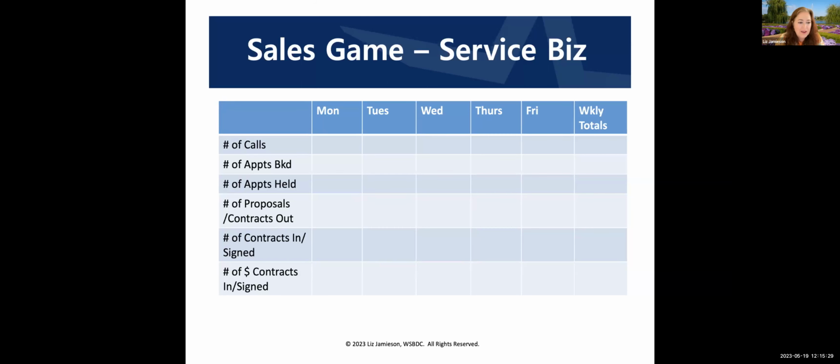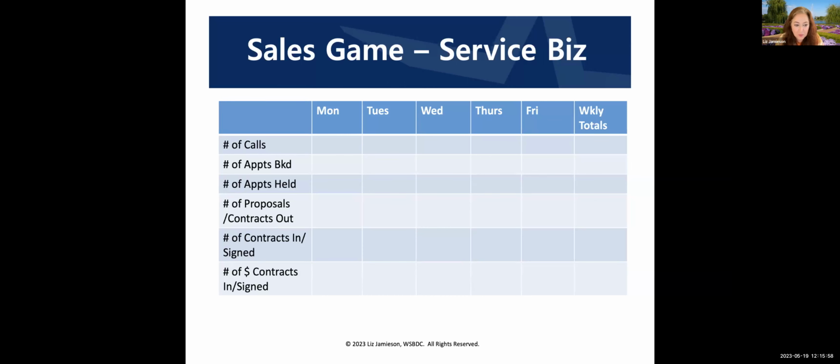So you have maybe something like a number of calls per day, a number of appointments booked. Let's say if you're booking needs assessment appointments or discovery conversations, maybe the number of appointments held, maybe the number of proposals or contracts out, that people could quote, that people can say yes to, the number of signed ones that come back in, and the number of dollars those contracts represent, right?